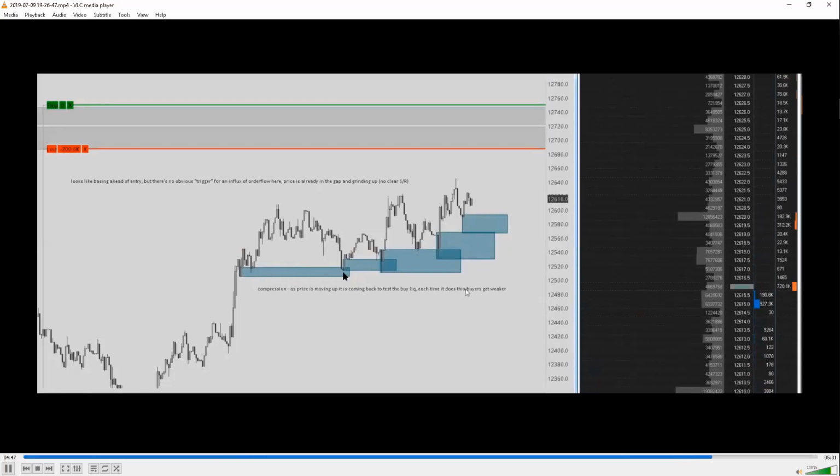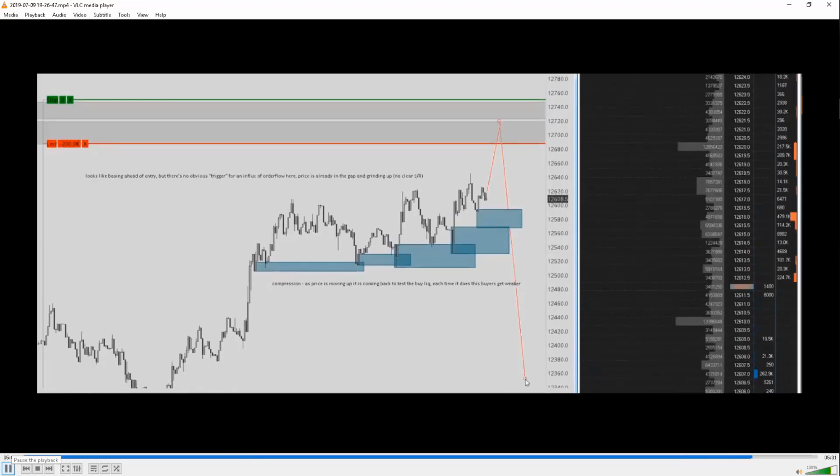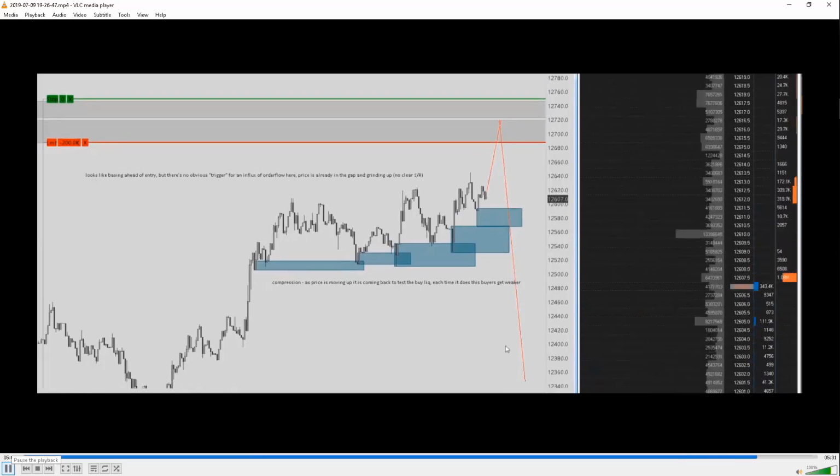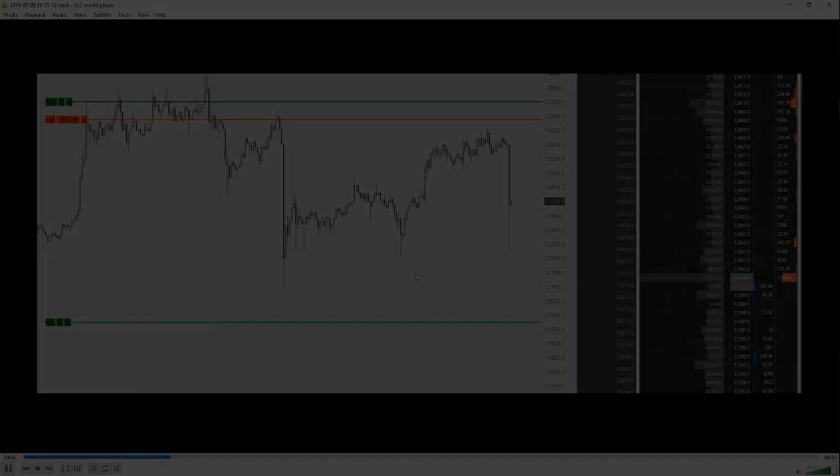Each time it comes down, it's consuming it. Okay, and so buyers are exhausting. Okay, that's what I was anticipating, and I think that's what happened. So didn't quite get the fill.